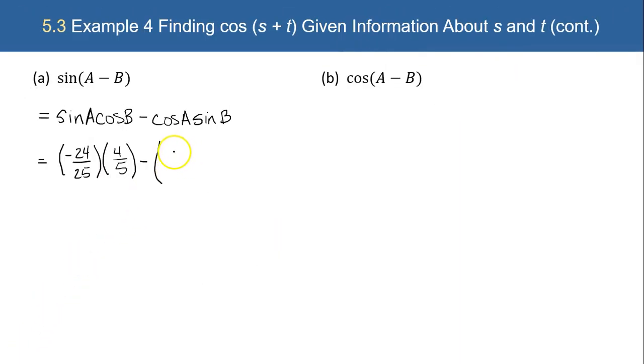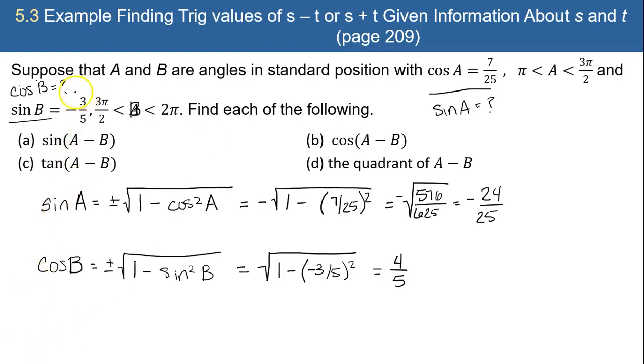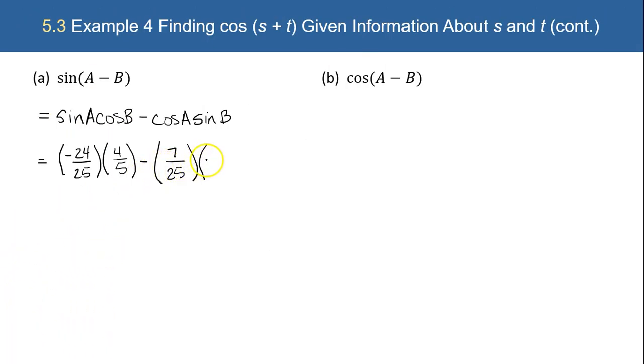So plug that in for cosine of A. And then sine of B, we are also given that one. That one is negative 3/5. Now take this and reduce it all down. Let's see, we get negative 96 over 125.